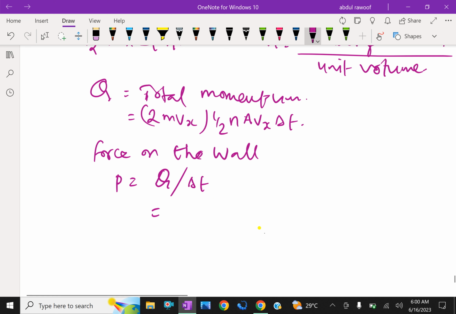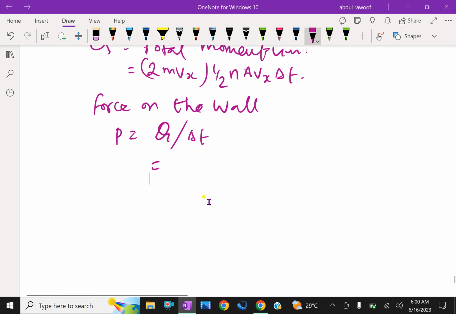Pressure is force over area A, so pressure equals n m Vx square. This is for one group.